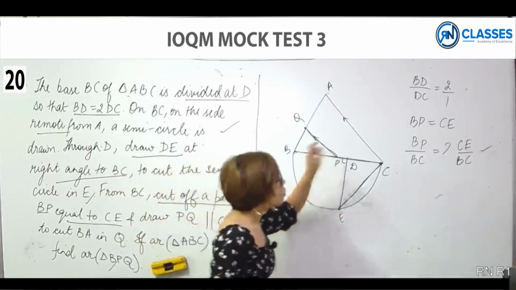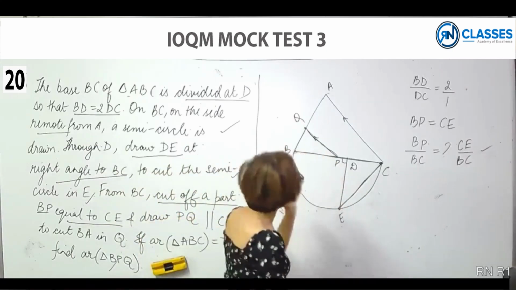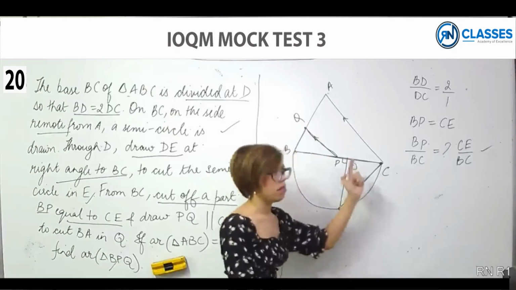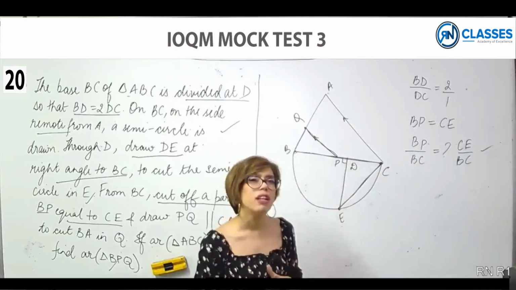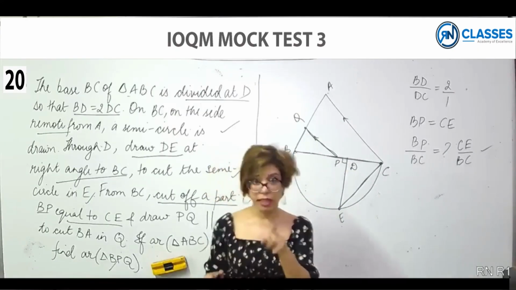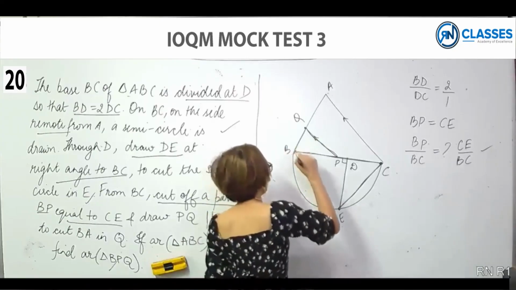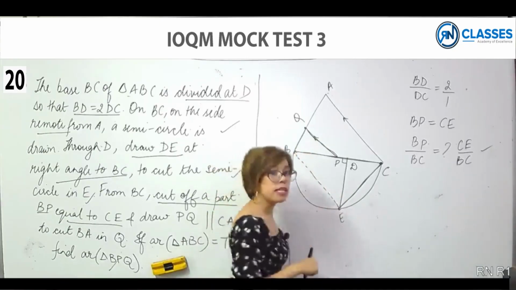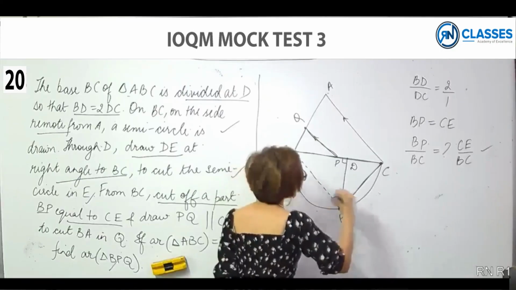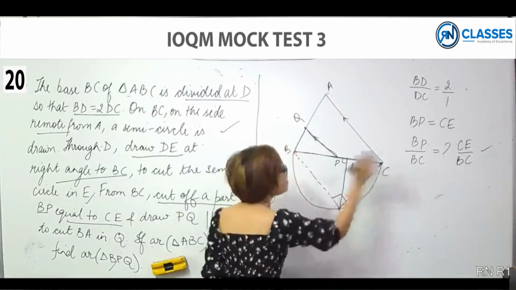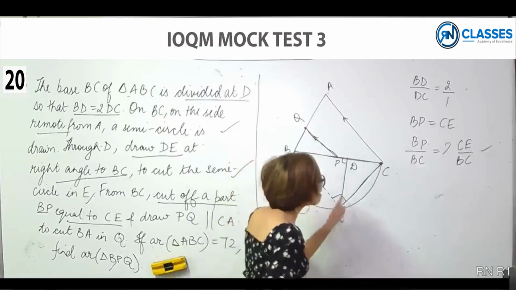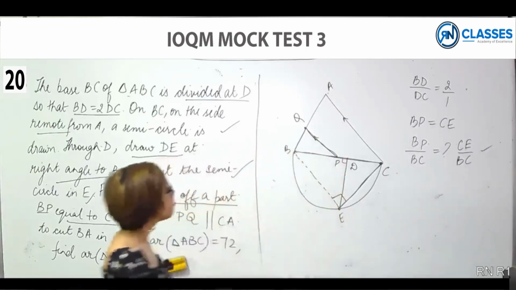Right? Mind it, I need to use this 90 degree. Mind it, I have to use this fact that this is a semicircle. Now semicircle, what is the property? That angle in a semicircle is 90 degree, right? So maybe if I can join this. Right? This is obviously 90 degree. That means BEC is a right triangle and this is actually the altitude. Maybe I can use that.